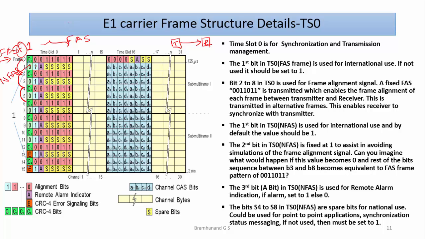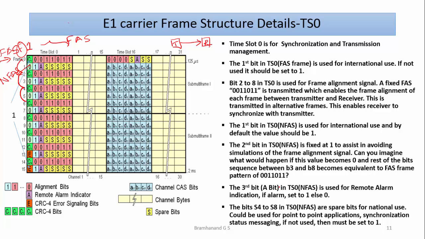Suppose the frame alignment signal starts with 0. If bit 2 were not 1, and for some reason it also became 0 and the rest of the bits also became 0, the receiver would consider this the beginning of a new frame, which is wrong. So to avoid simulation of the frame alignment signal, in the non-frame alignment signal frame, bit number 2 is always set to 1.